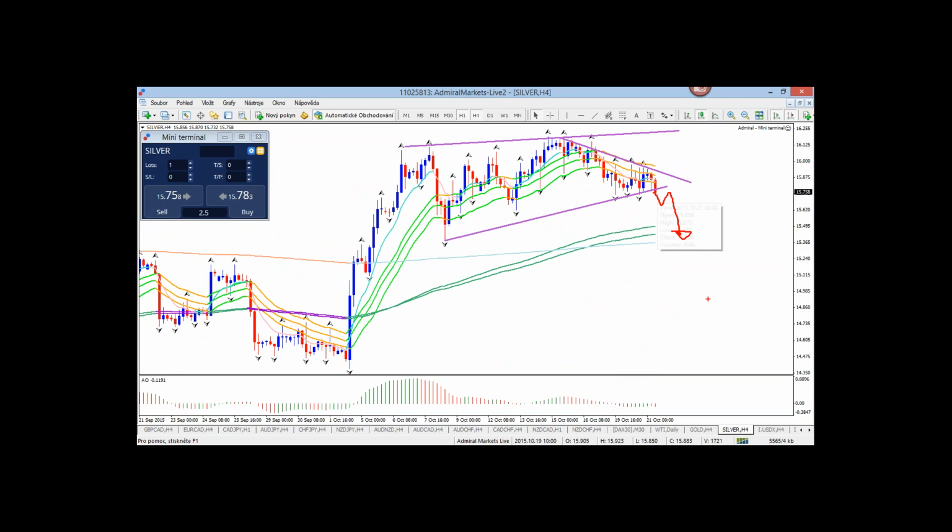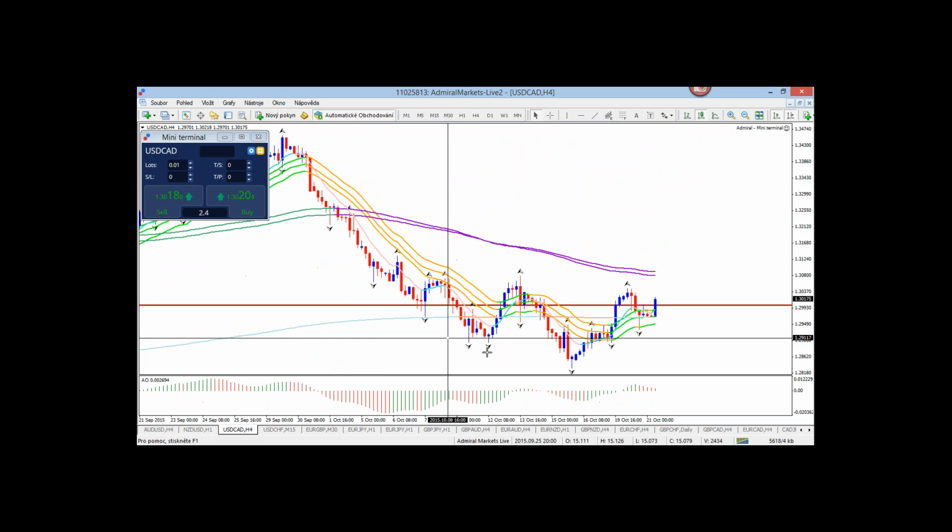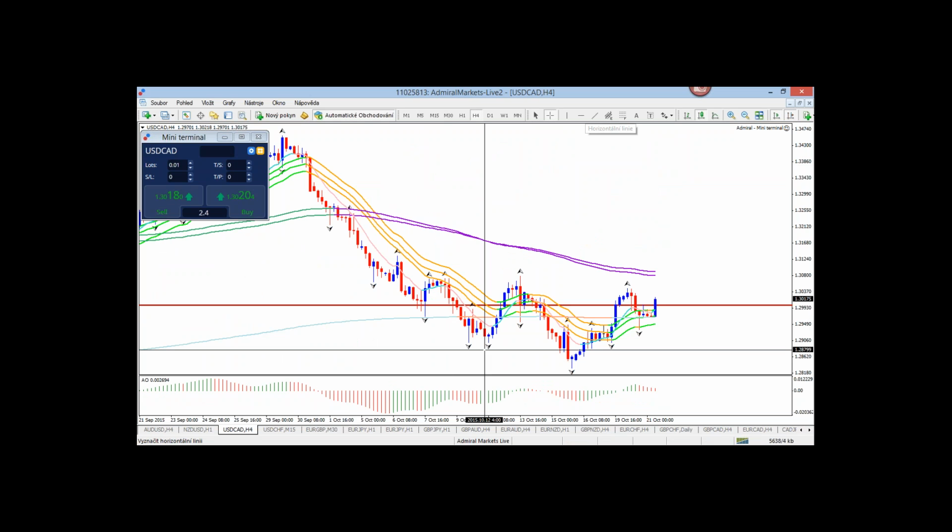Let's take a look at dollar CAD. We got a question if it's an inverse head and shoulders on the 4-hour chart. I think what you're looking at is probably this as the left shoulder, this is the head, and maybe you're expecting another shoulder here in the future, or you consider this already one.